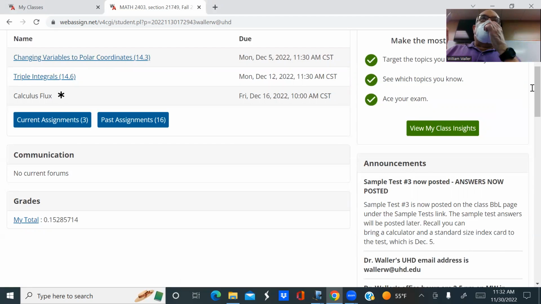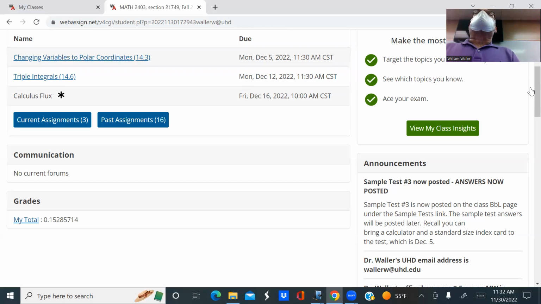So that does not include polar coordinates on test number 3 or what we're going to talk about today, which is triple integrals again. Those are on the sample test, but we'll defer those to the final exam the following week to give you more time to practice.